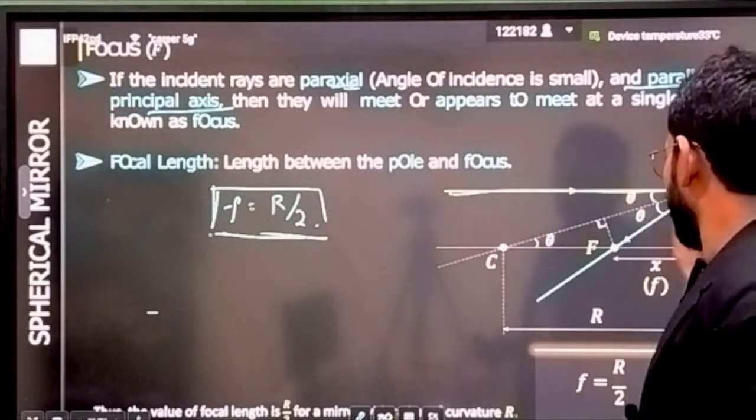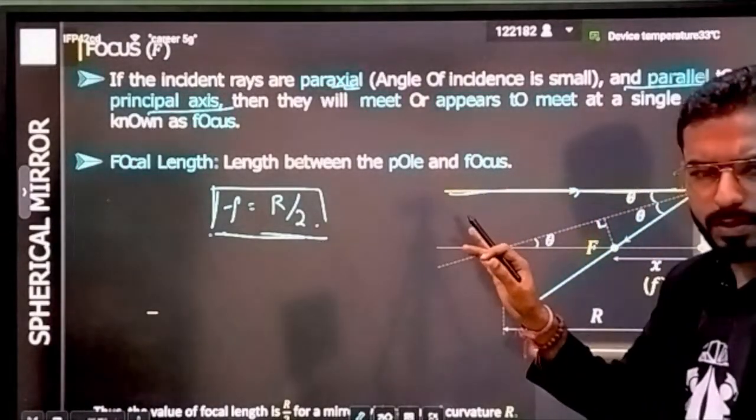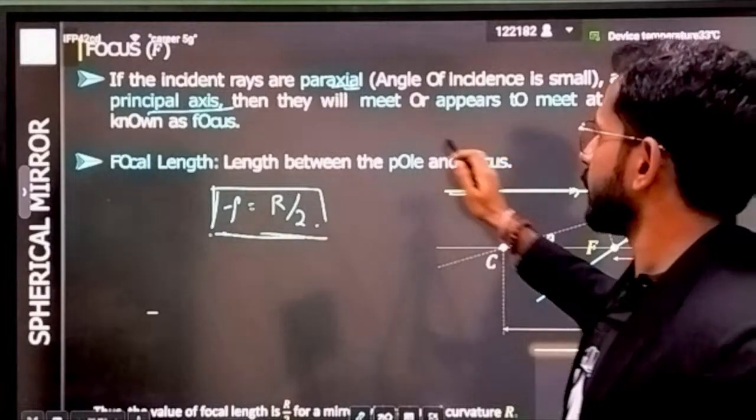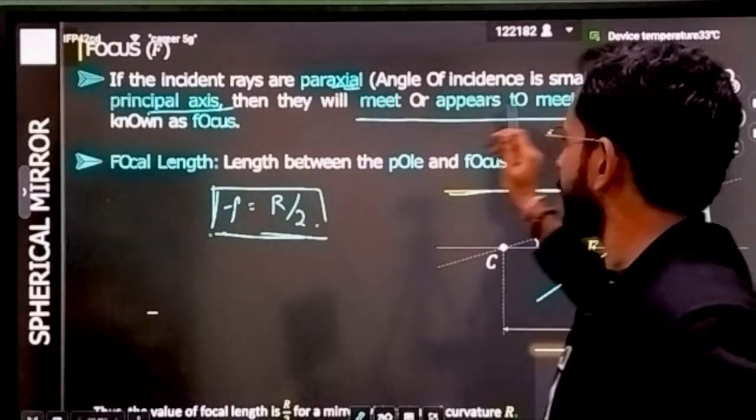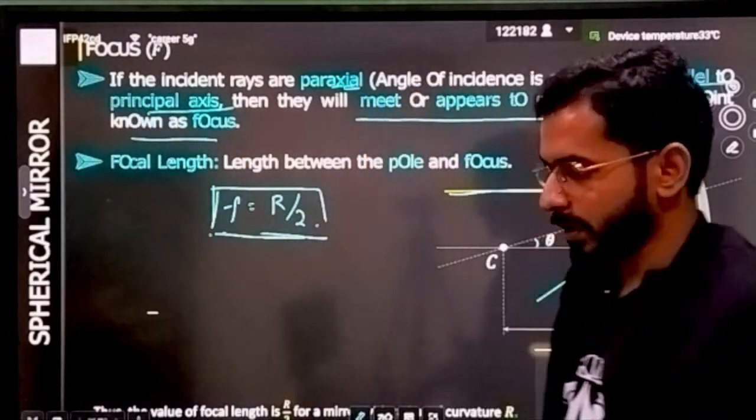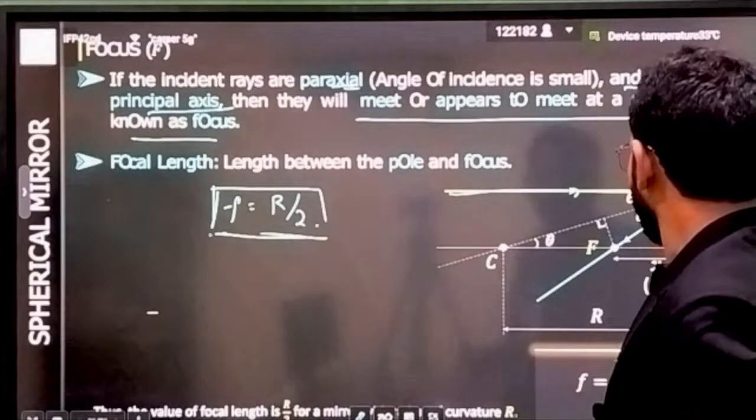Here you can see a ray coming, and theta is assumed very, very small and the ray is parallel. They will meet, or appear to meet, at a single point, that is known as the focus.